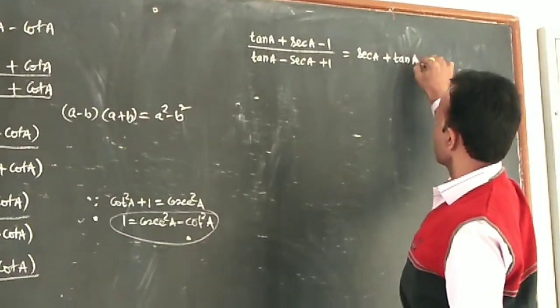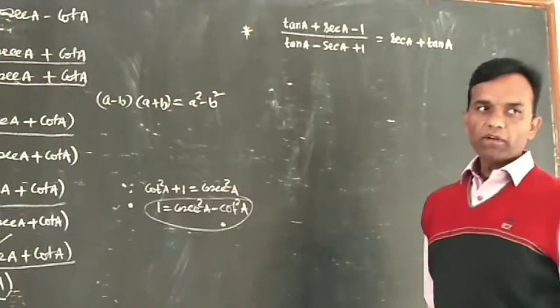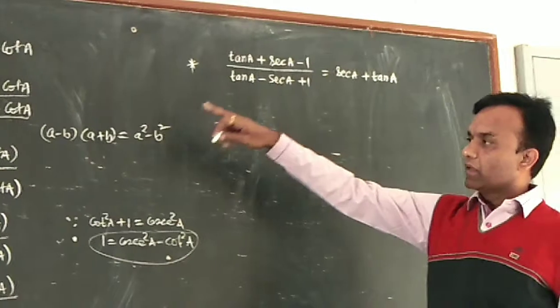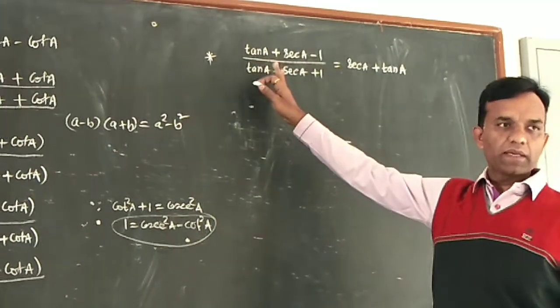You have to show it. Okay, same question, no change. Only the trigonometrical ratios are different here. In place of cot you have tan here. In place of cosec you have sec here.